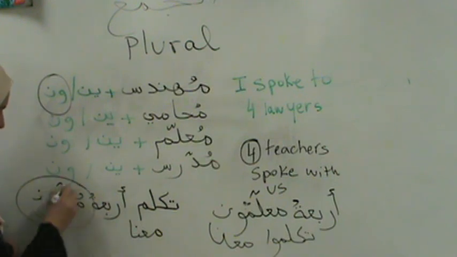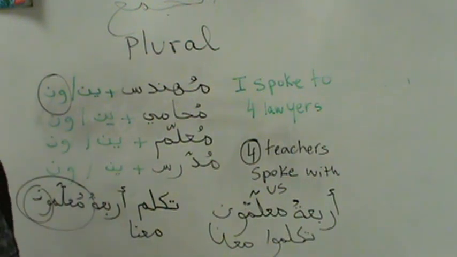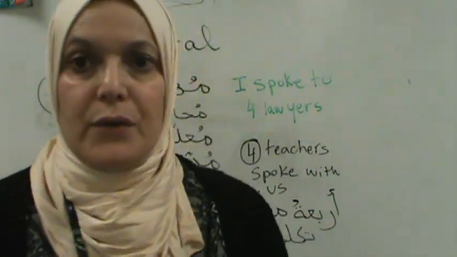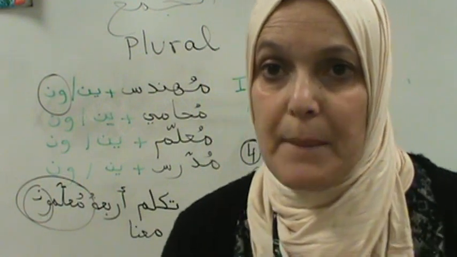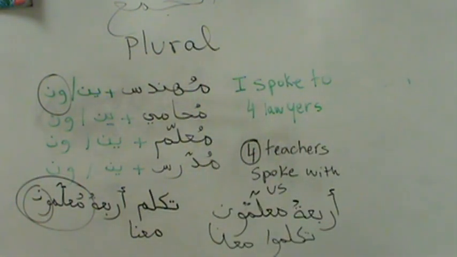But the un is when the plural subjects are doing the action, which is a verb. So I am going to let you watch this video, and I'm going to continue with the other مذكر and the other مؤنث plural. مع السلامة. I'll give you some time to see what I have.